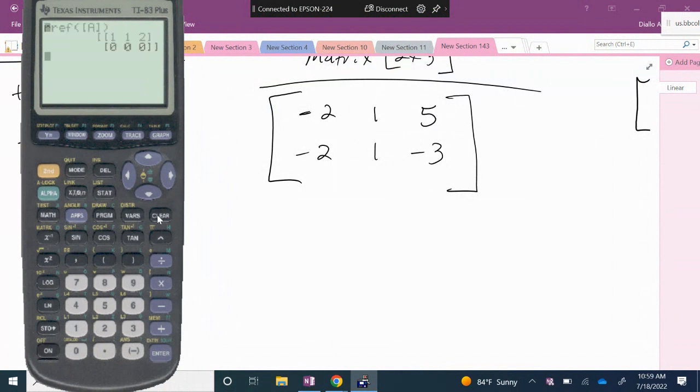So I'm going to go in the matrix. I'm going to go over to edit. It's a 2 by 3, so our dimensions are the same. Negative 2, 1, 5, negative 2, 1, and negative 3.